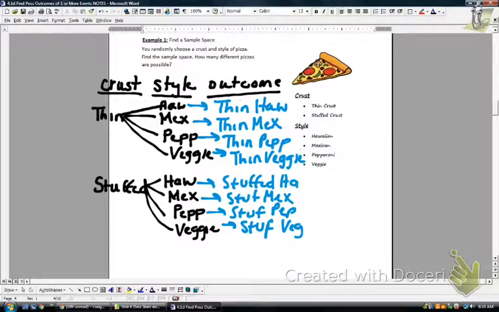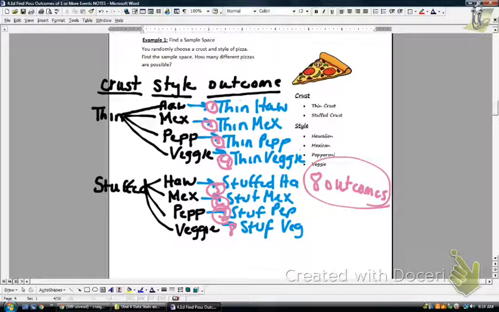So I can count my outcomes. So I have 1, 2, 3, 4, 5, 6, 7, 8. So I have 8 outcomes.